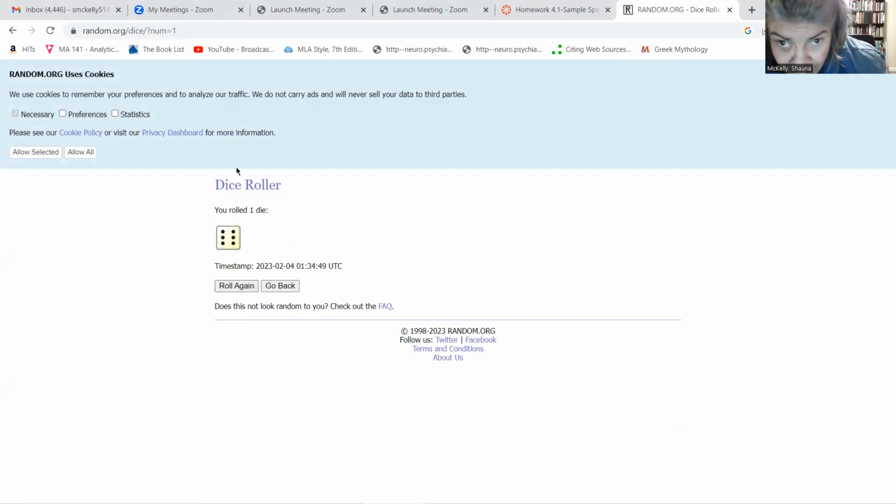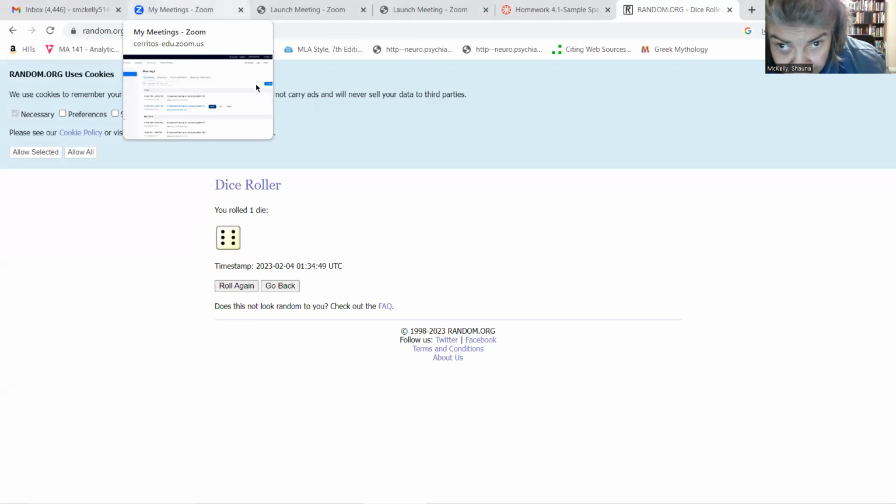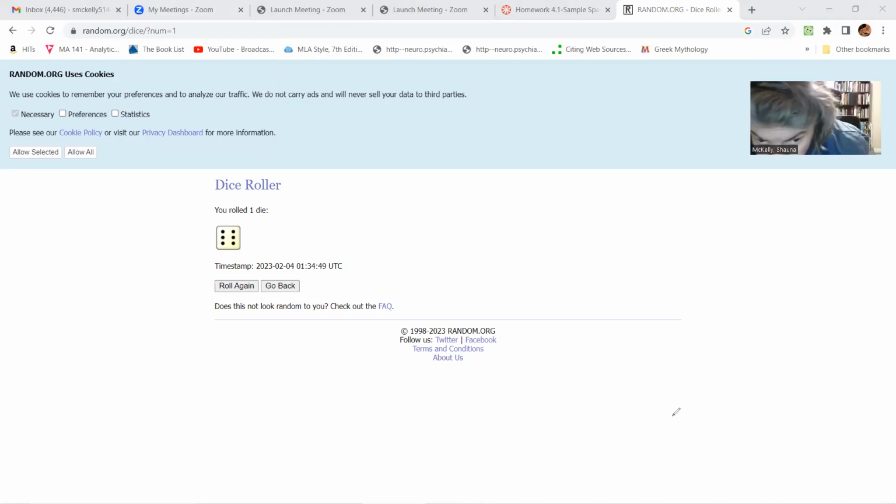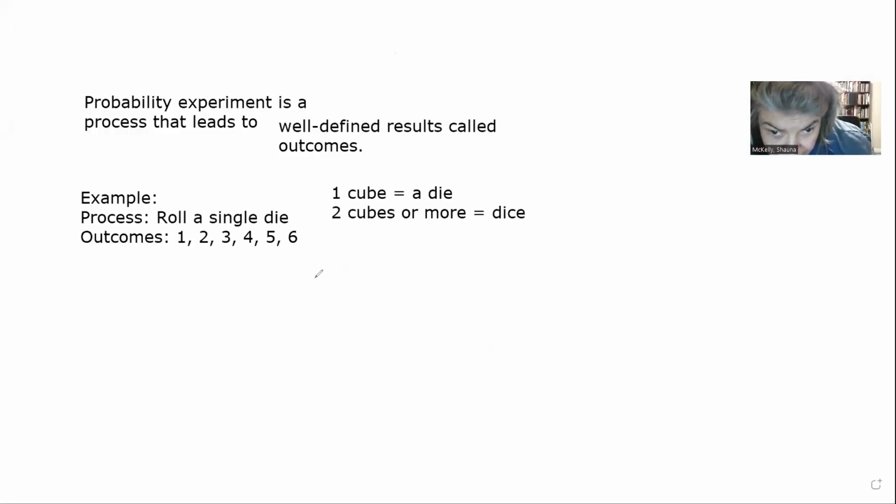I don't want to get too far ahead of ourselves, but these are the possible outcomes. We just carried out this experiment, this process, twice.